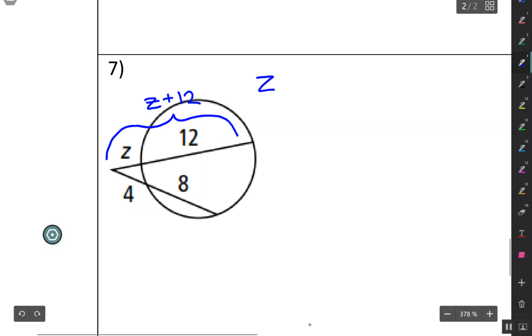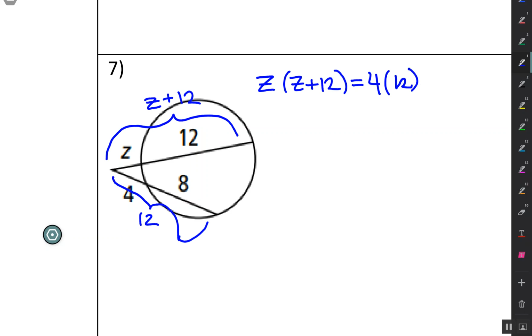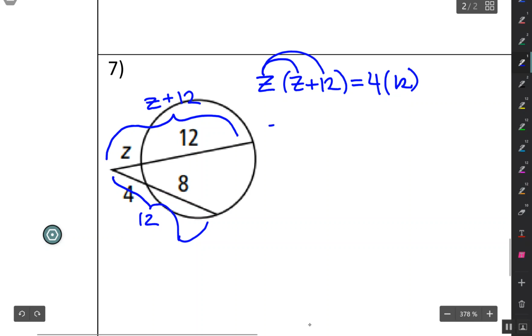So we have the outside, which is z, times z plus 12 equals the outside of the other piece, which is 4, times the whole, which is 12. 4 plus 8 is 12. This is going to end up being a quadratic because we're going to have to distribute that, and that's going to be z squared. So that makes this one a little bit more challenging. And then 4 times 12 is 48.